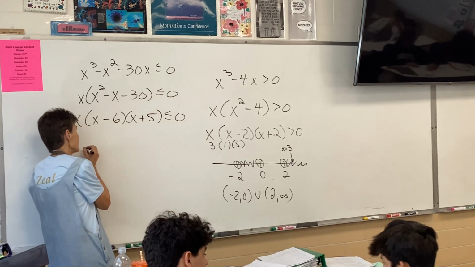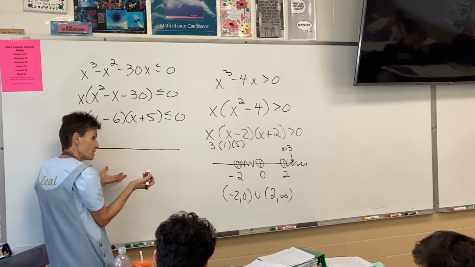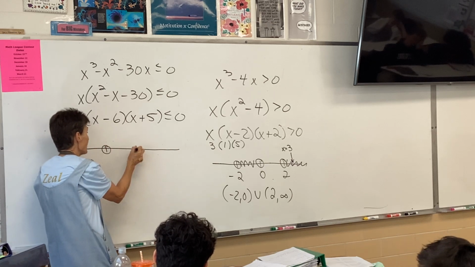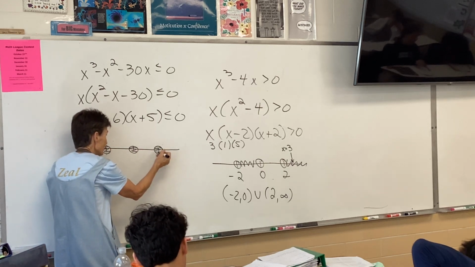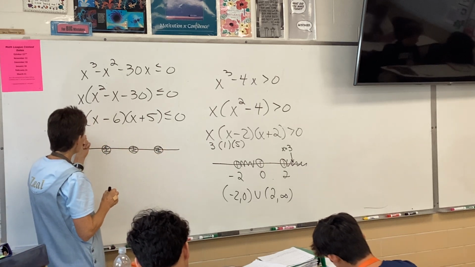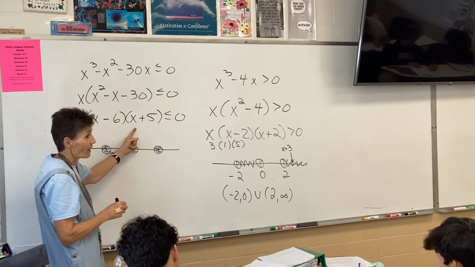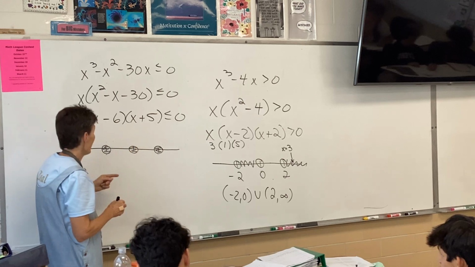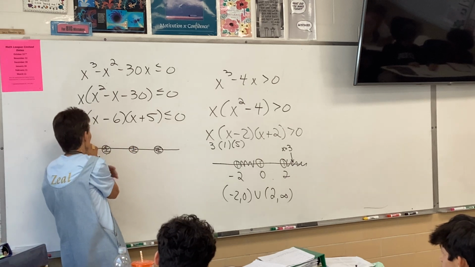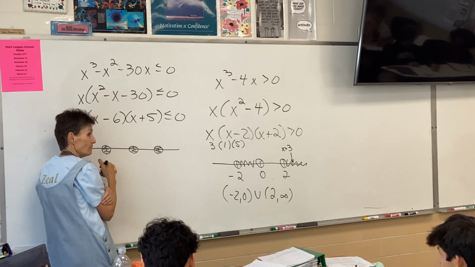So no one volunteered. What should we have done at this point? We have a factor. There's going to be 3 dots on the number line, and they're always colored in. Remember, however many X's there are is how many dots you have. And where will they be? 0, 6, and -5.